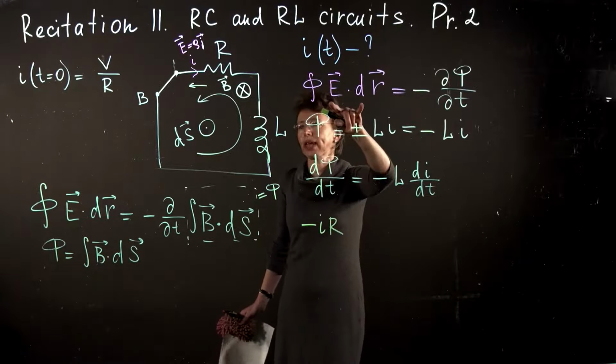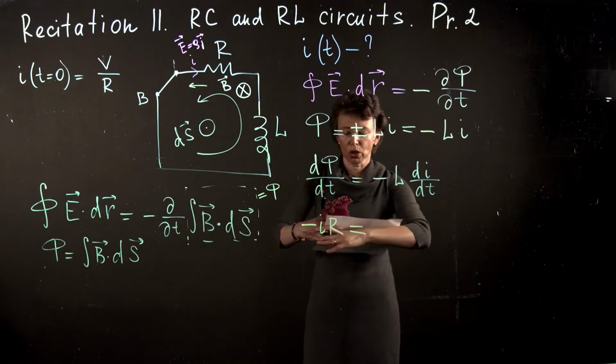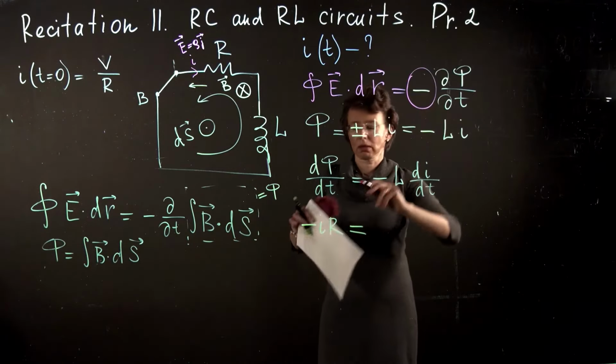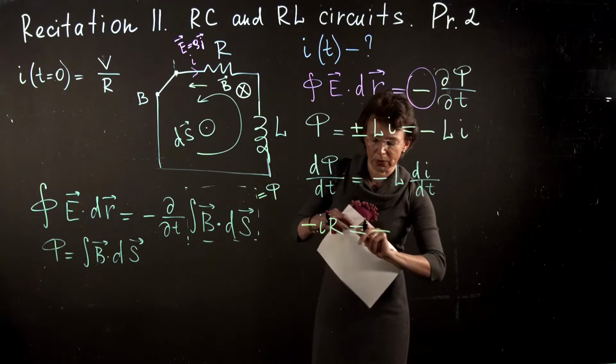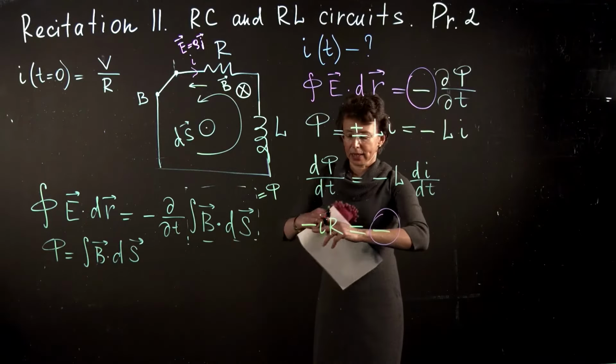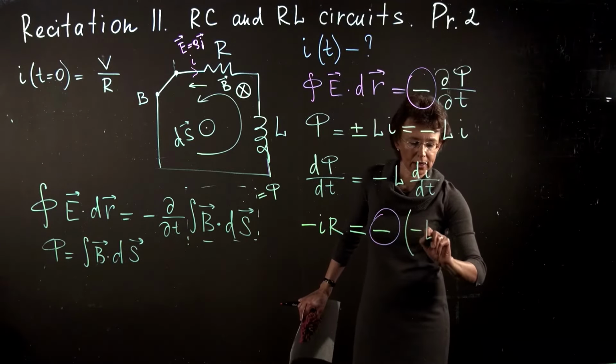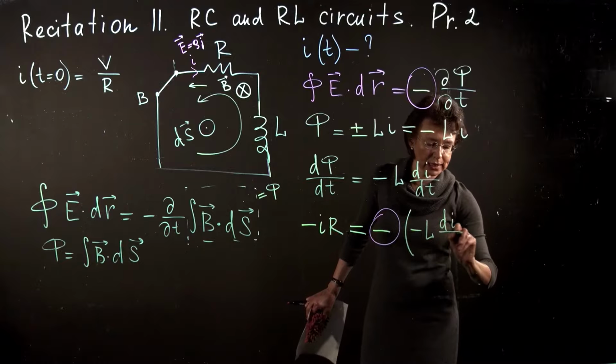This is the left-hand side of Faraday's law, and it is equal to minus this minus from Faraday's law, and then d phi dt. And d phi dt is minus L di dt.